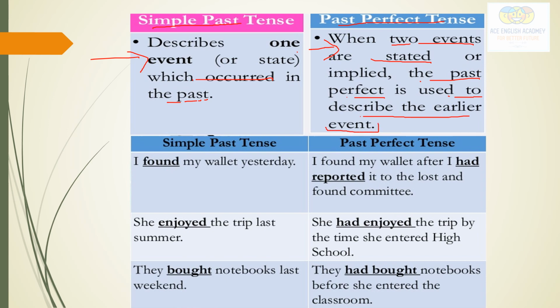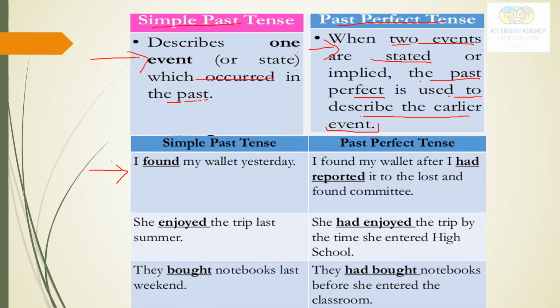As I told you in that figure also, the big arrow was earlier than the small arrow. So for the big arrow action, what will we use? Past perfect tense, because that action happened before the other action, that too happened in the past. So let's see examples here.